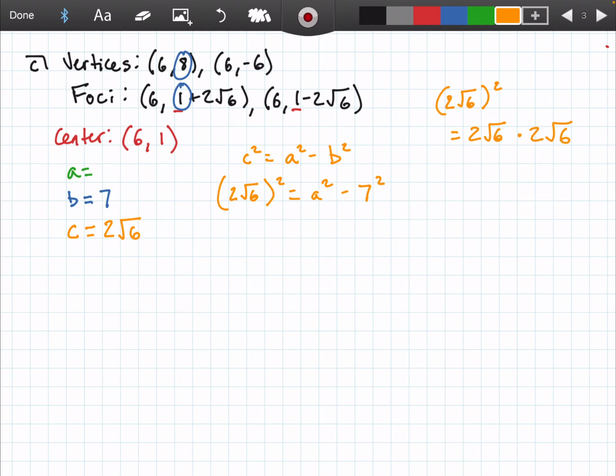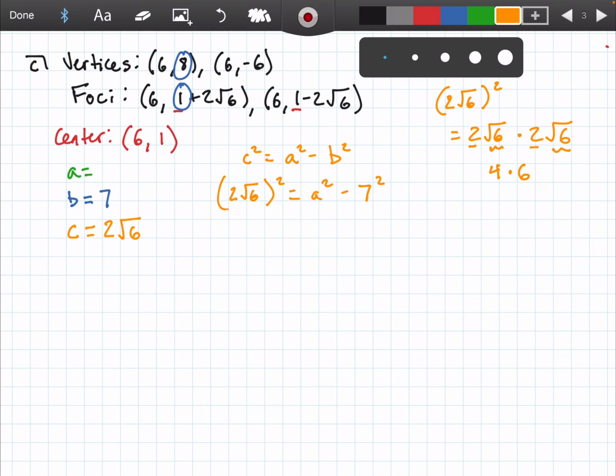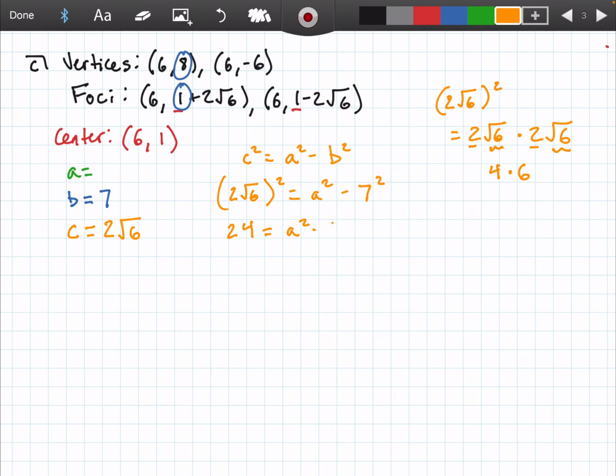So I'm actually squaring the 2 and the square root 6. So 2 times 2 is 4. Root 6 times root 6 is 6. And we get 24. Okay, I'll add 49.